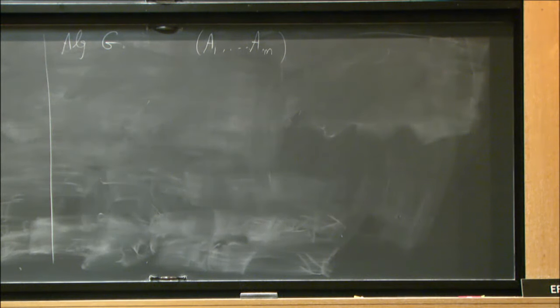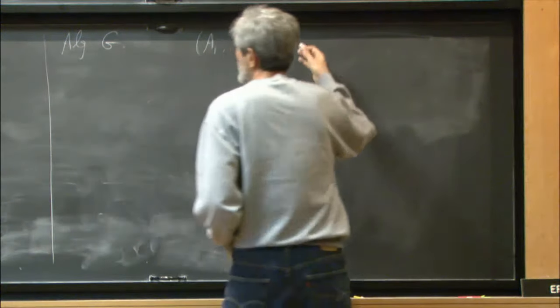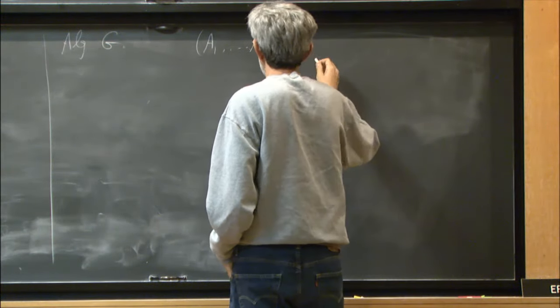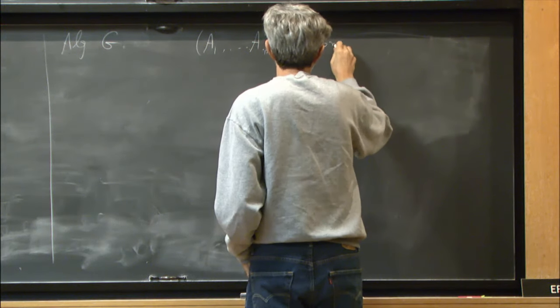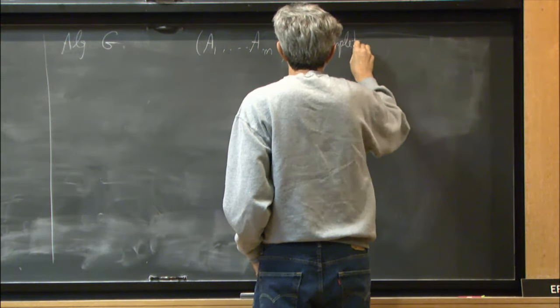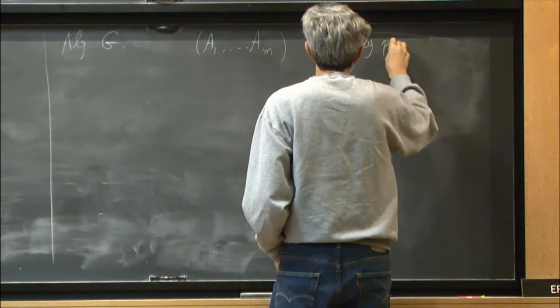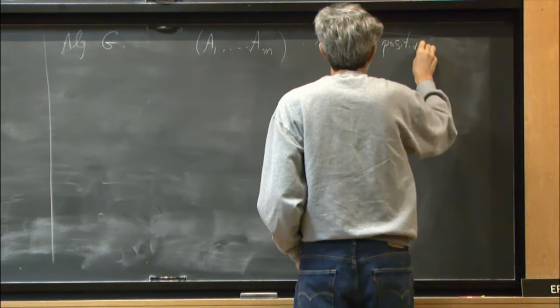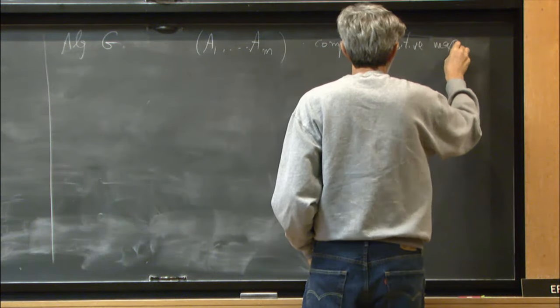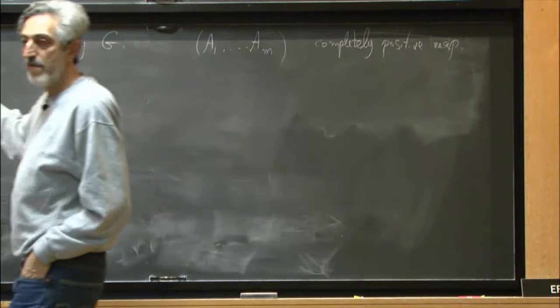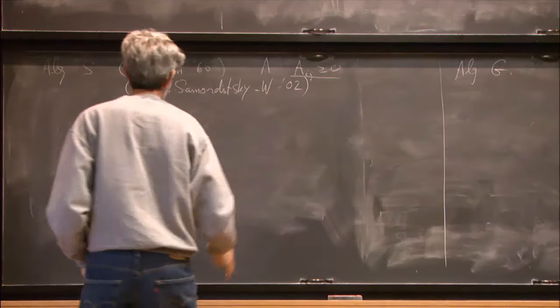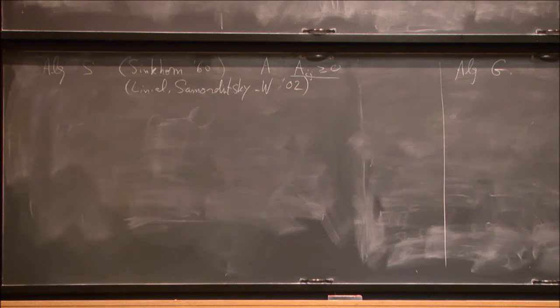So the entries are non-zero. In the quantum setting, as we'll see, I'll define it in a second, this will also be positive in a sense. This will be a completely positive map. So it will also be positive in a way that generalizes this positivity to the quantum setting.